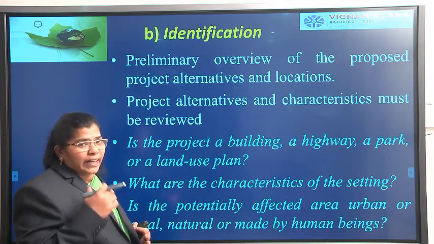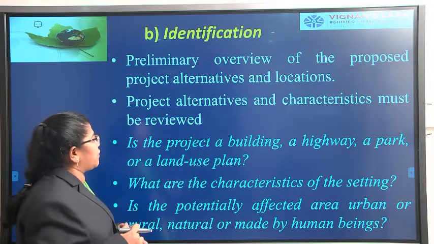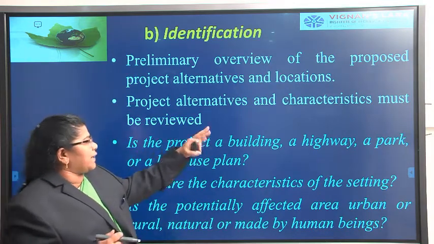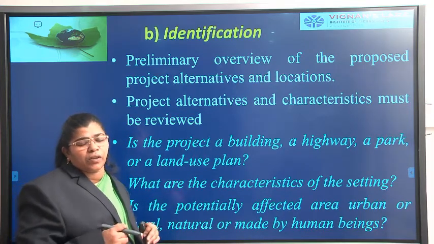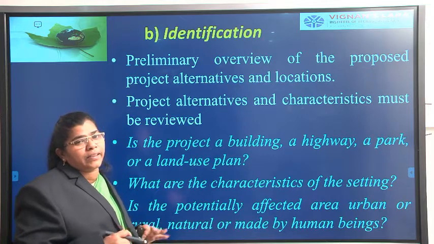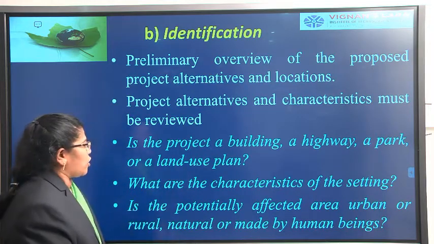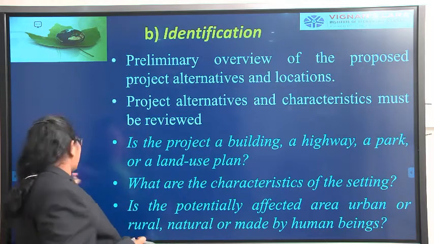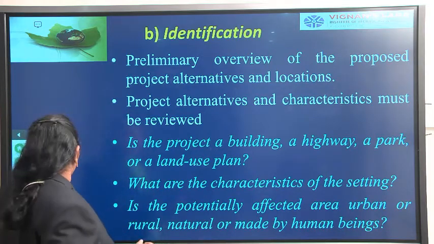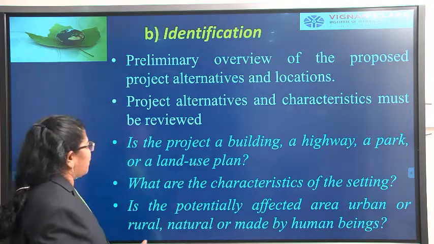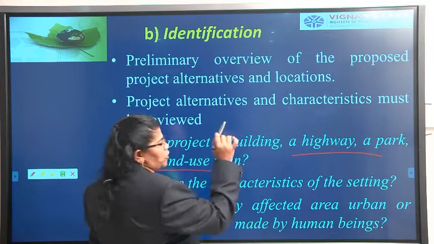If there is any other more feasible location, then they have to change the location. And project alternatives and characteristics must be reviewed. Wherever possible, economical and most feasible options have to be taken into account. For example, the project consists of the construction of a highway or a park or a land use plan.